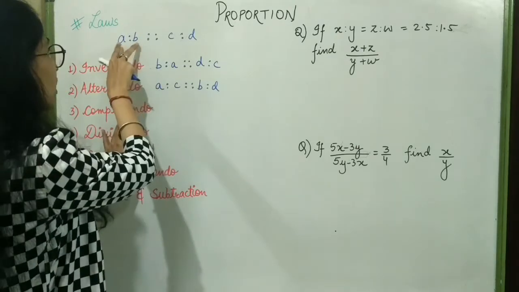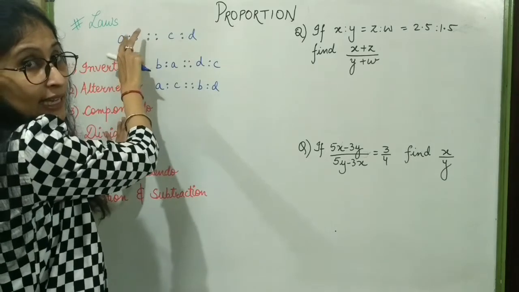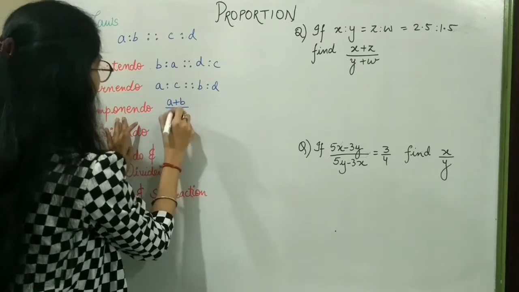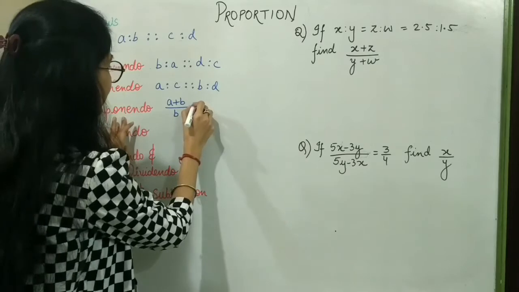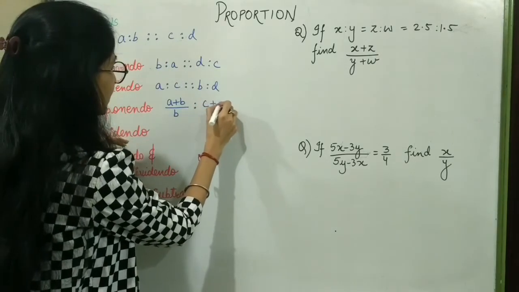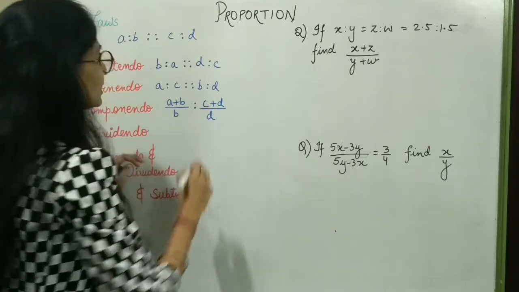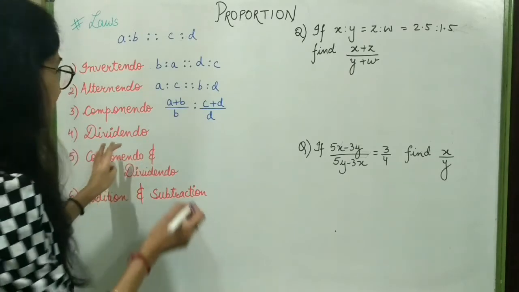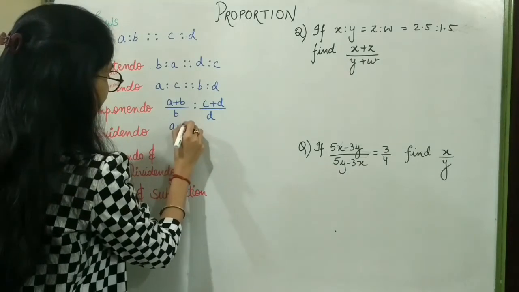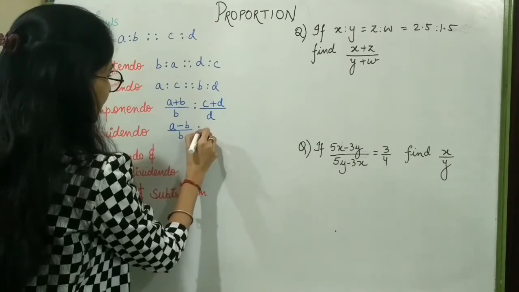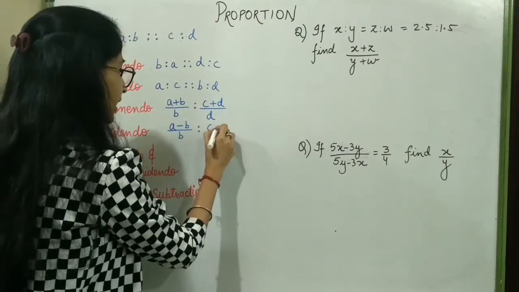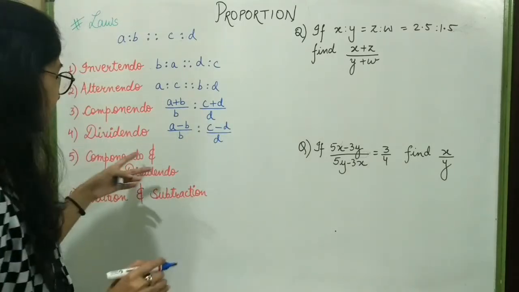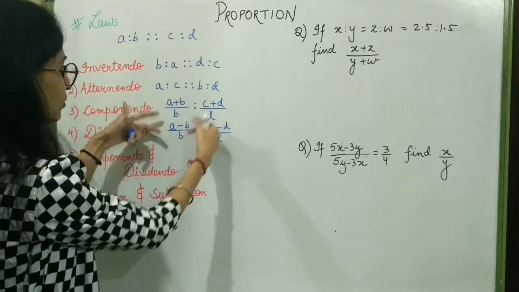According to componendo law, I am going to add B to these ratios, so it can be written as A plus B upon B is in ratio with C plus D upon D. Next, according to dividendo law, it can be written as A minus B upon B is in ratio with C minus D upon D.